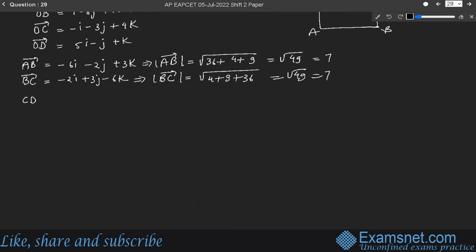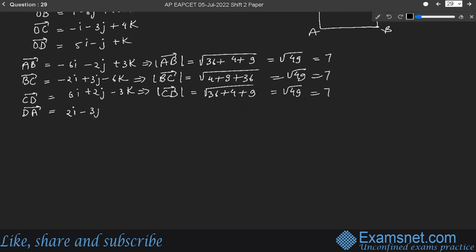Now, CD vector will be equal to 6i plus 2j minus 3k. Therefore, modulus of CD vector will be equal to under root of 36 plus 4 plus 9, which is equal to under root of 49, which is equal to 7. And DA vector will be equal to 2i minus 3j plus 6k.